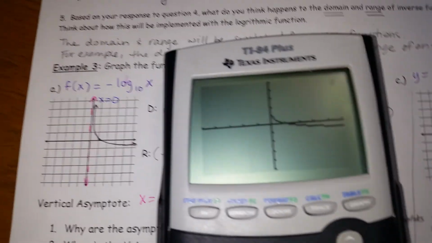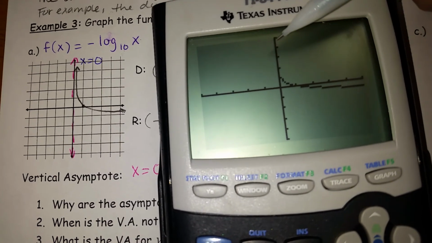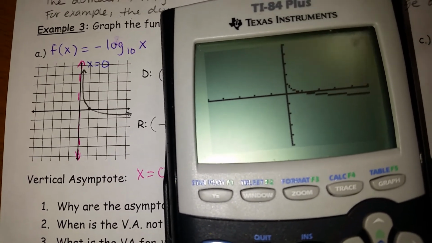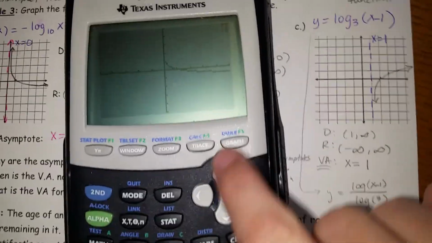Okay, so with my graphing calculator, because of the pixels in the calculator, it looks like it stops here. That's not the case. This is going to keep going and getting closer and closer to this line, x equals 0, and we can verify that in the table.